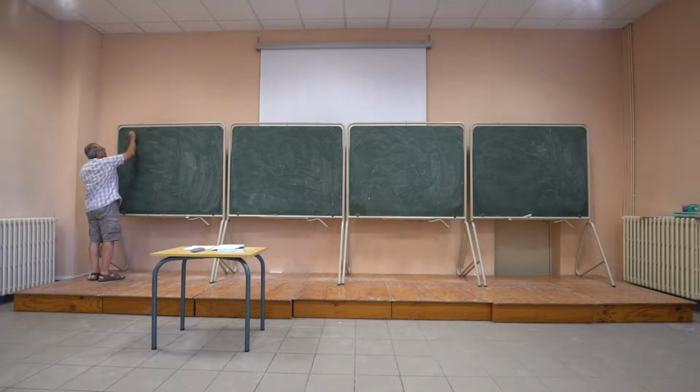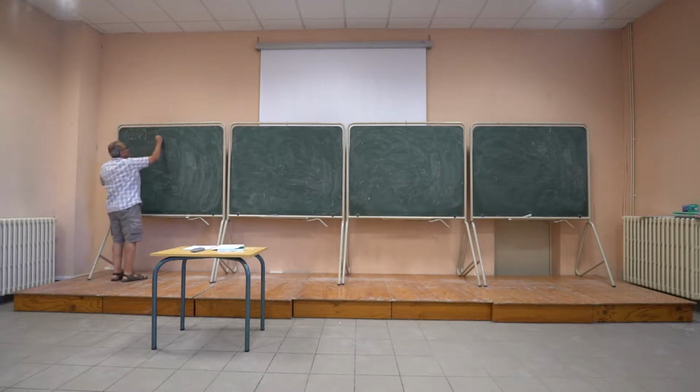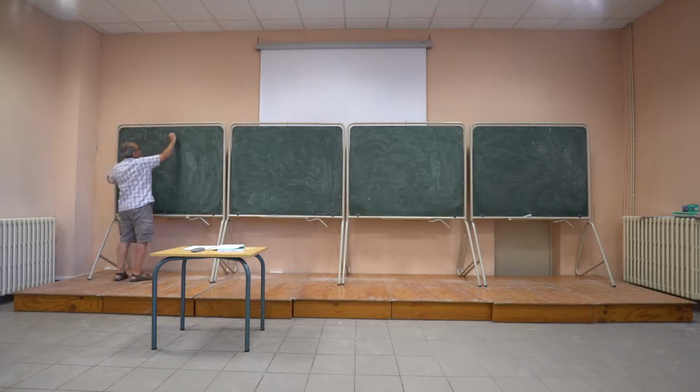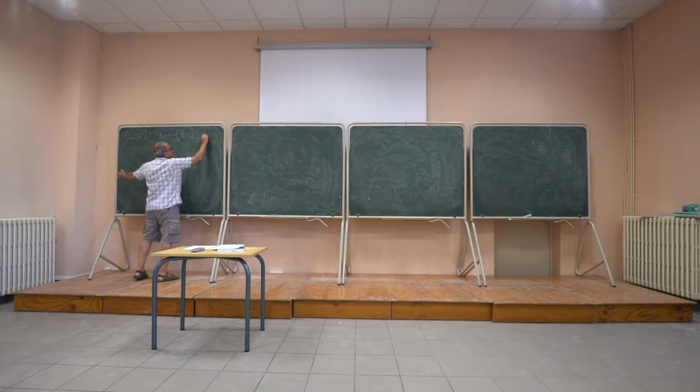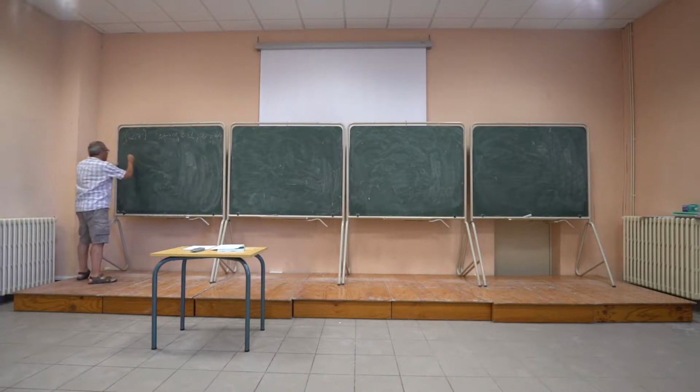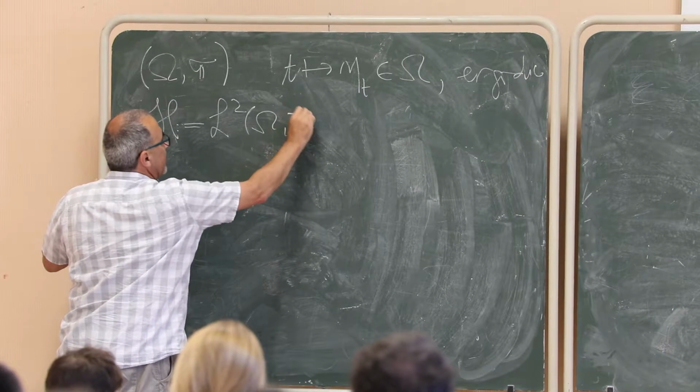At the moment, we have a probability space, a Markov process, eta t, in omega, which is ergodic. We have the Hilbert space, which is L2 of omega pi.